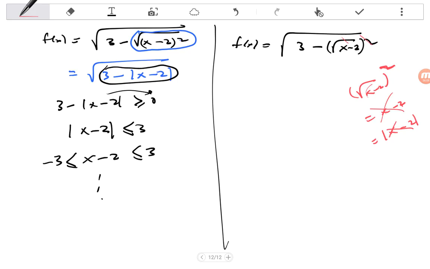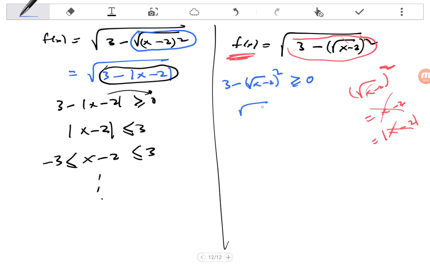Okay, so how to solve this? I'm trying to find the domain, so I don't make any simplifications. I'll just take it as it is: 3 minus root of x minus 2 all squared is greater than or equal to 0.